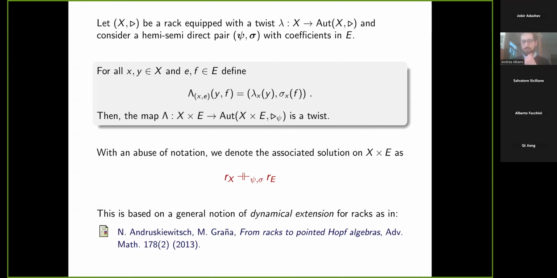Indeed, as you can notice, the set E is just a set. It has no structure whatsoever, if not the one given by the pair psi, sigma.